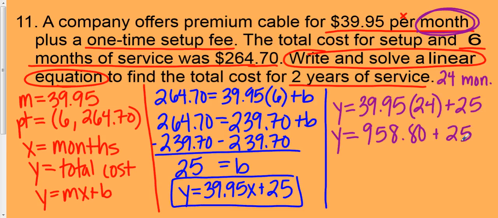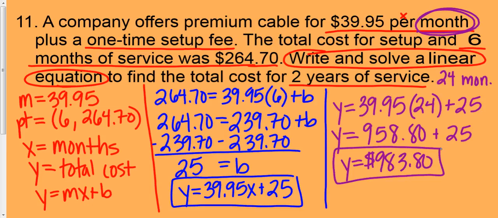We're adding 25 to that, and so my total comes to $983.80. So again, take your time, be methodical with these story problems, and just reread.